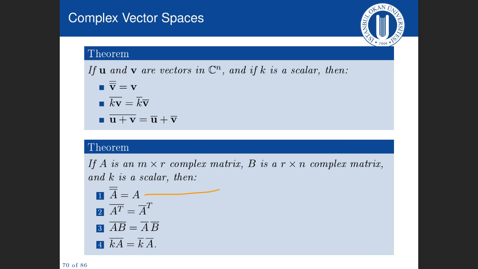The complex conjugate of the complex conjugate of A is A. If we do a transpose, it doesn't matter if we do the complex conjugate first and then take the transpose, or do the transpose first and then take the complex conjugate. Two matrices A and B multiplied together: we could multiply them together first and then do the complex conjugate, or we could take their complex conjugates first and then multiply them together. It doesn't matter. And the same for a number multiplied by a matrix.